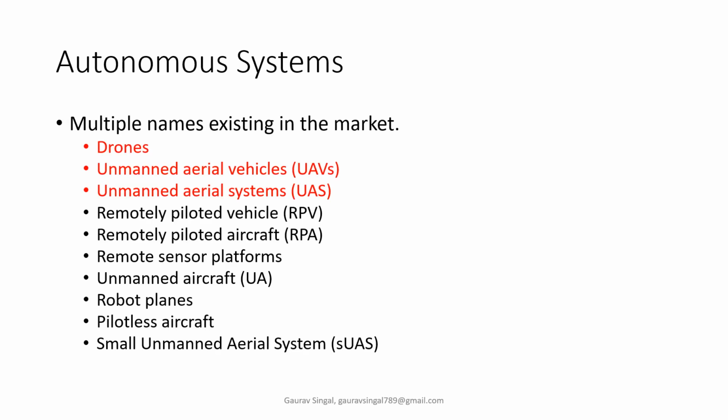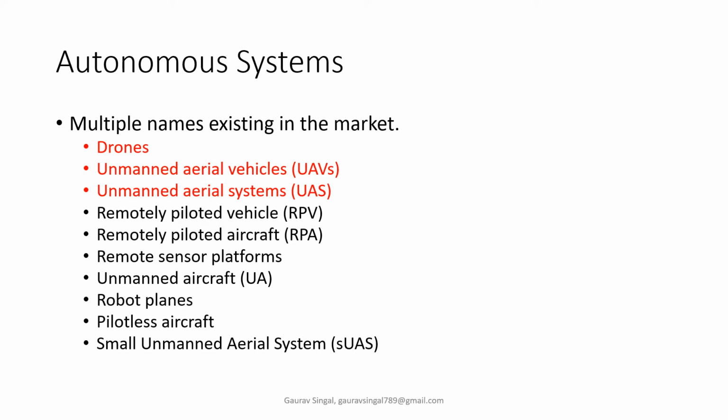Okay. So now you can see there are multiple names that exist in the market for UAV. The most common is drone. Drone is a very famous name for this UAV, but actually the scientists, the UAV developers, or the core researchers of UAV don't like this word drone.